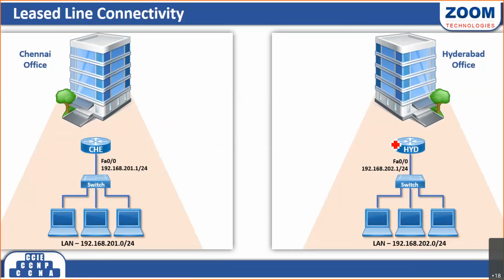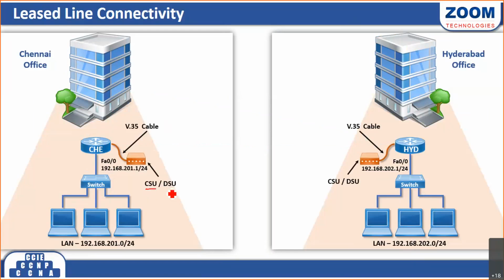Now we contact the service providers, the ISPs who give leased line connectivity. Then what the service provider does is, from the router we use a V35 cable connected to a modem, which is a CSU/DSU modem. Router to modem with V35 cable.